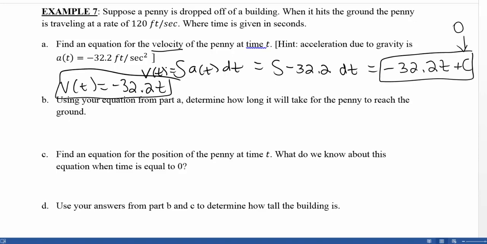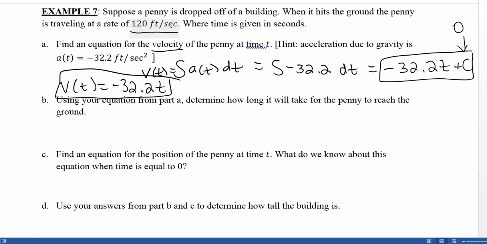B says, using your equation from part A, determine how long it will take for the penny to reach the ground. So we need to think about what we know and what we can put together here. We know that when we drop the penny, the velocity is 0. But we also know that when it hits the ground, it's traveling at 120 feet per second.